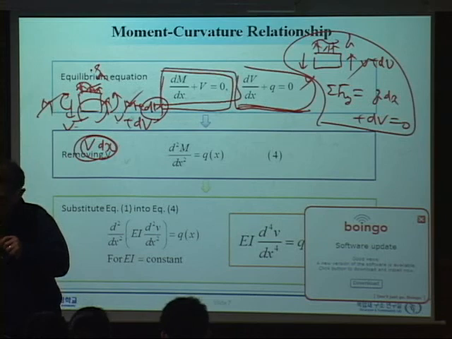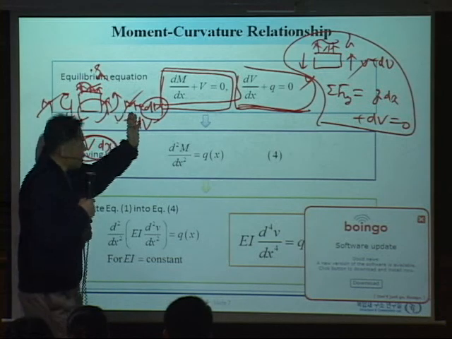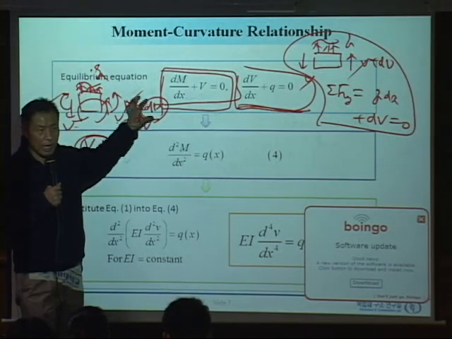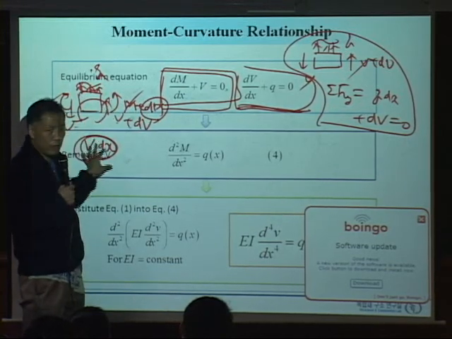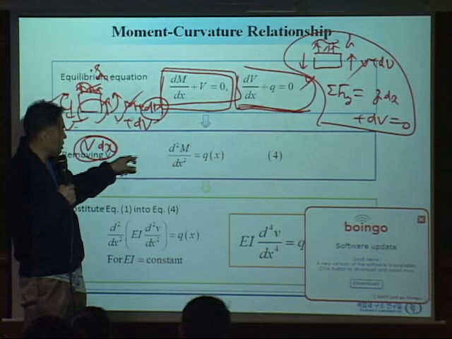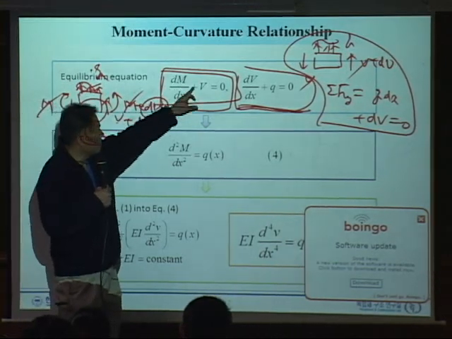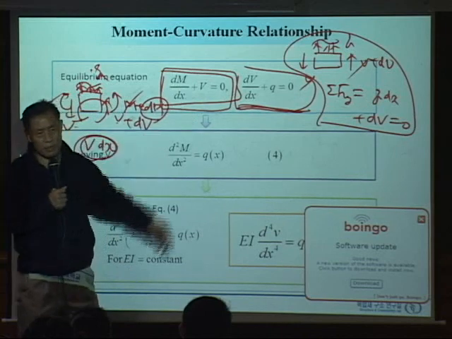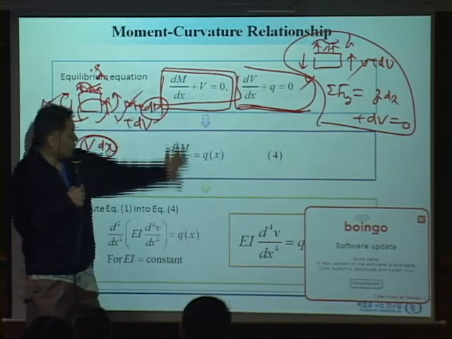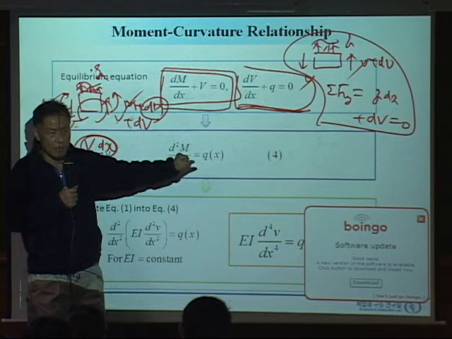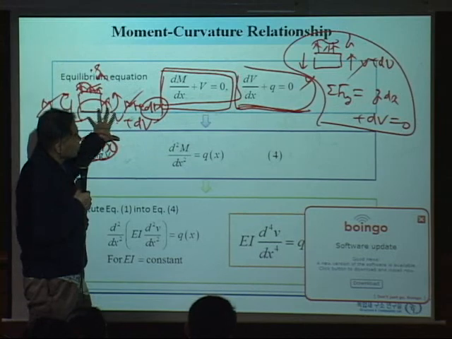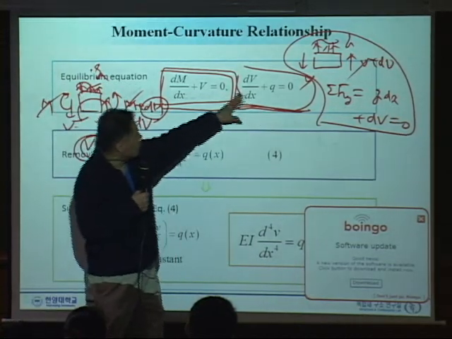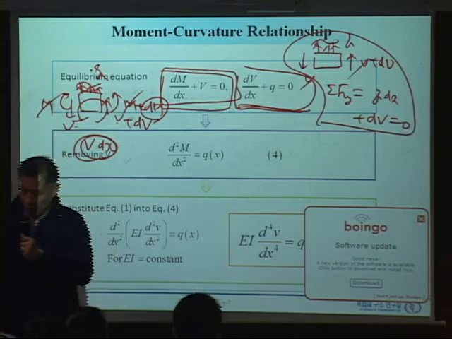So that relation gives us this. Okay? So again, the moment can have some increment. That incremental moment was caused by those two shear forces. So V dx should be the same as dM. So this equation is from this one. You need to understand this, and you need to understand that. And these two equations are equilibrium equations.